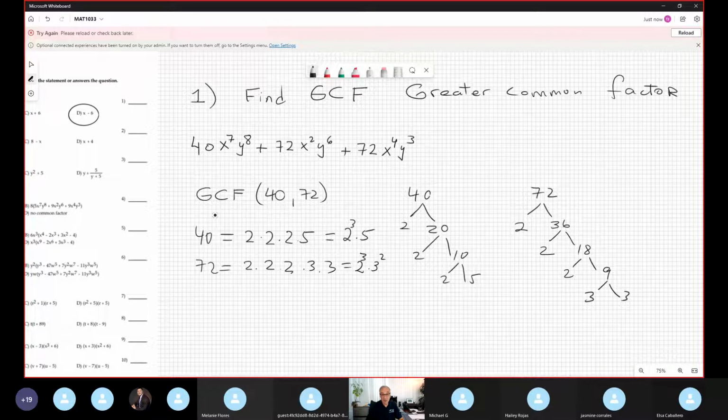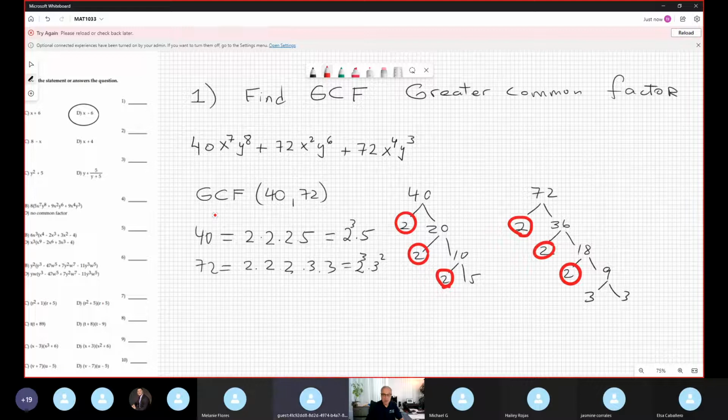Okay, so now my goal is determine the greatest common factor. The word common indicates that we have the same factor. Yes, obvious, I see we have 1, 2, 3 twos here and 1, 2, 3 twos here. These numbers, 40 and 72, share three 2s.